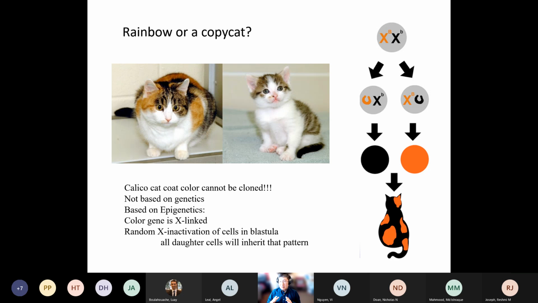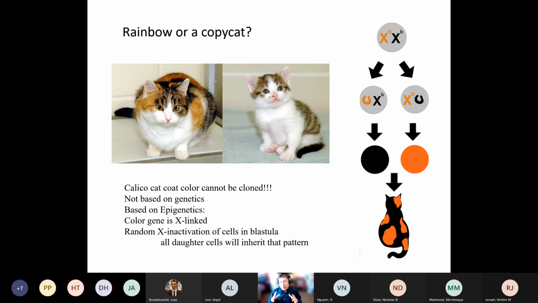But female mammals go through a process called X inactivation, because nature tries to keep a balance in the levels of genes. The males only have one X chromosome, right? It's XY.